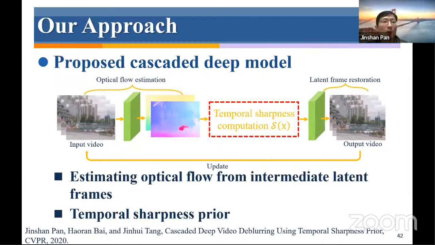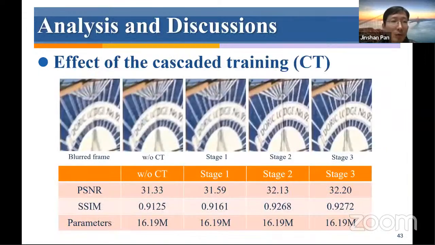And here is the overview of our framework. And we can embed the temporal sharpness prior into an end-to-end trainable network and develop the cascaded training method to solve the video deblurring problem. We also demonstrate the effectiveness of the cascaded training.